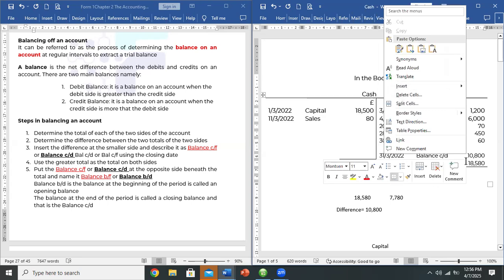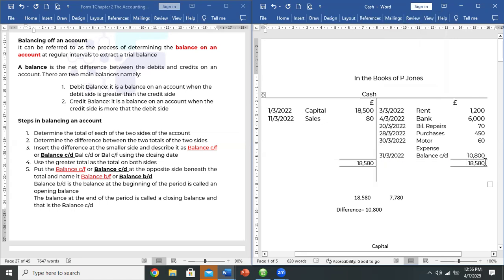Now the line under the total should be twice, okay? So you underline it twice like this. So you see that the bigger total, if you add now, you have this because we have inserted the difference on the lesser side, right? So now this account has been balanced.